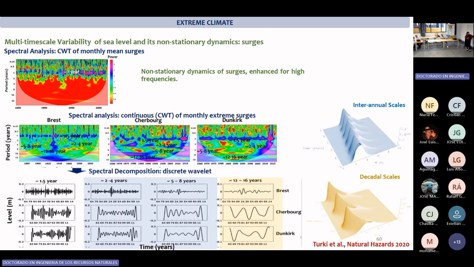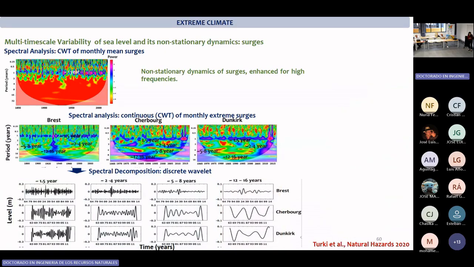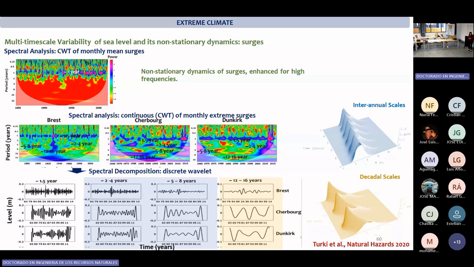We have others at interannual scales, and we have seasonal scales. We see the colors: decadal scales, very low frequency variabilities; then interannual scales, less than 10 years, between 2 and 8 years; and others basically related to the annual seasonal variability.